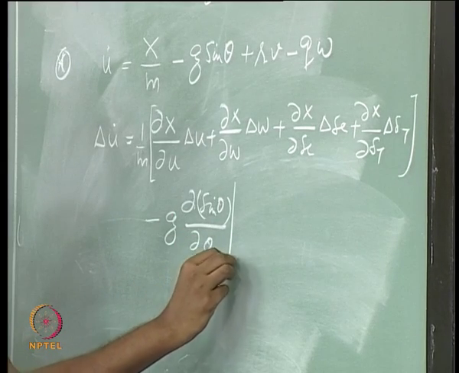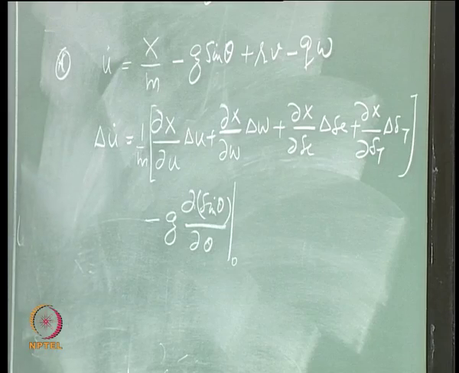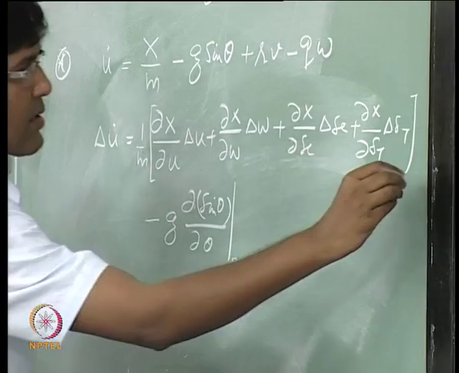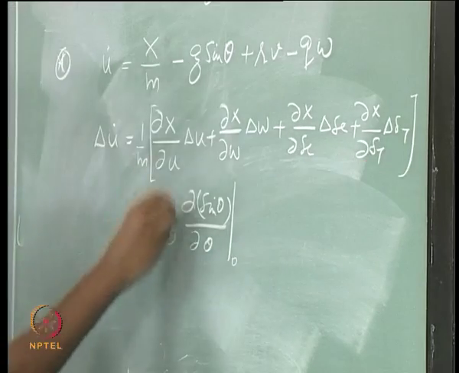So, my equilibrium condition is denoted by this subscript naught.